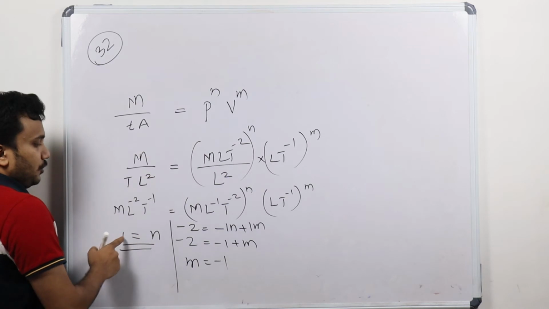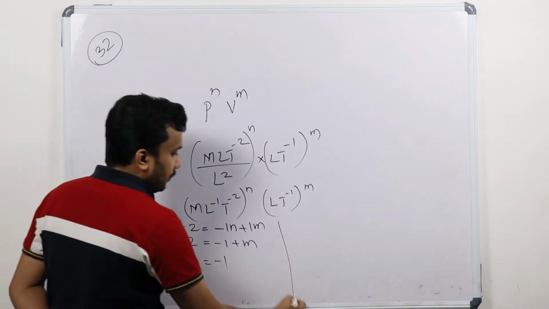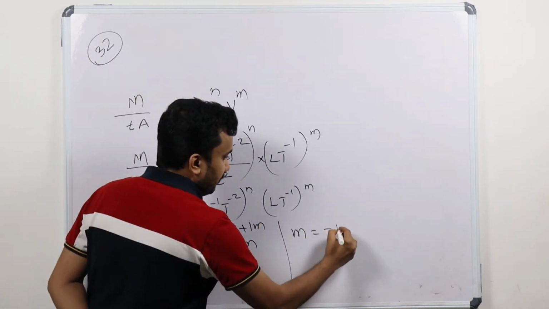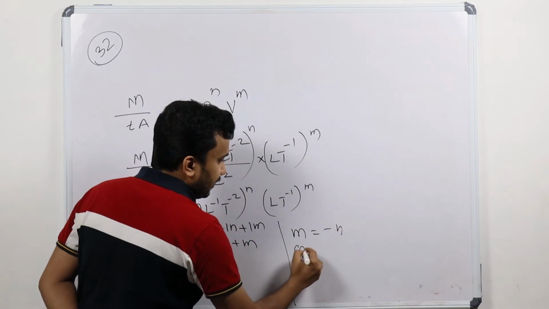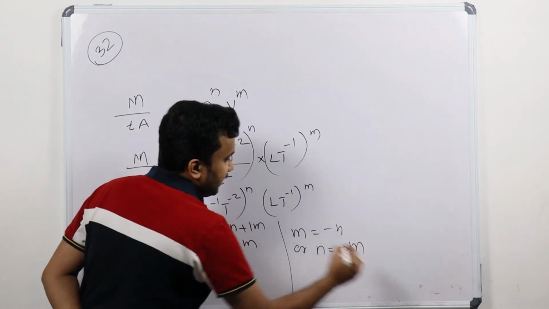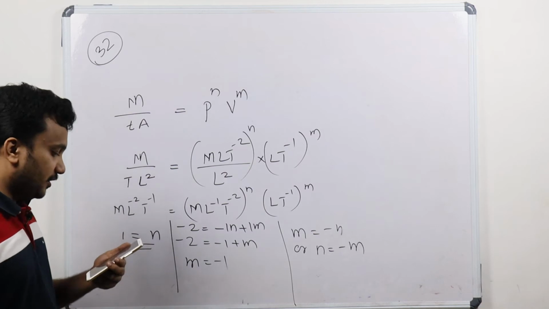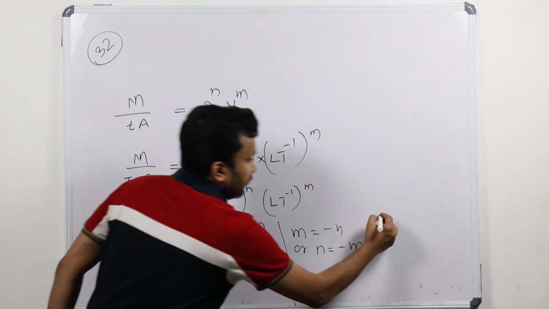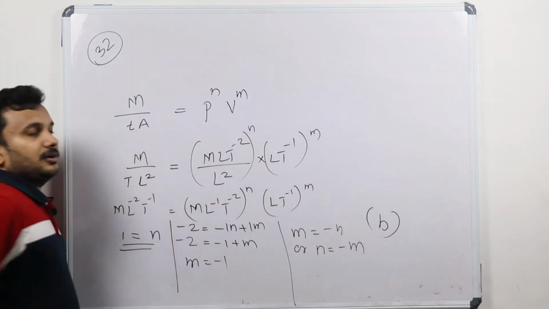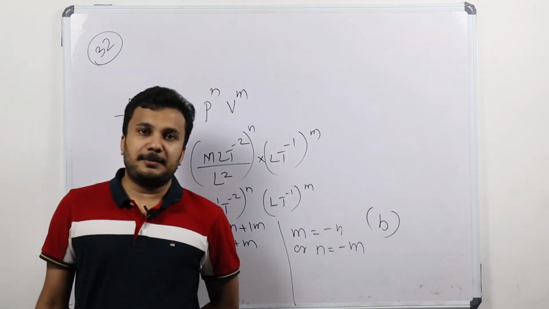So, n equal to 1 and m is equal to minus 1. What does this indicate? m equal to minus n, or n equal to minus m. Both are correct, vice versa. So, the answer matches with option B.